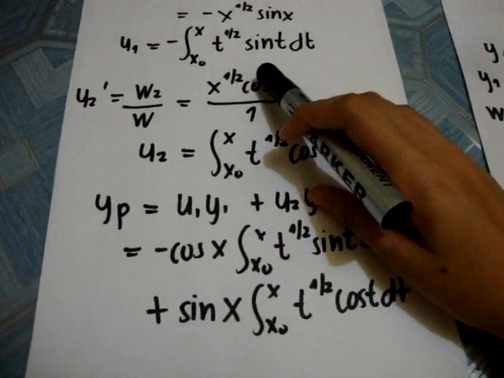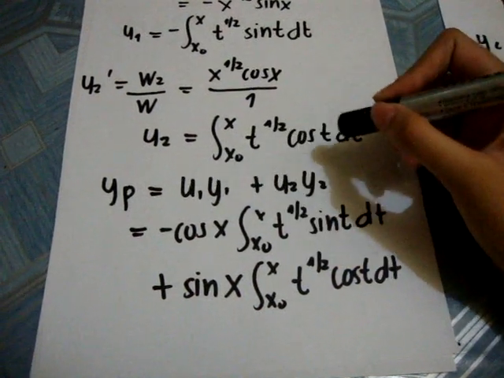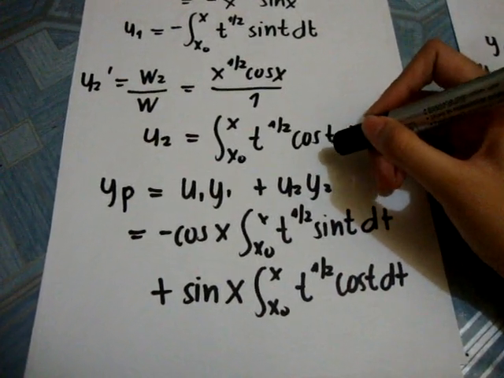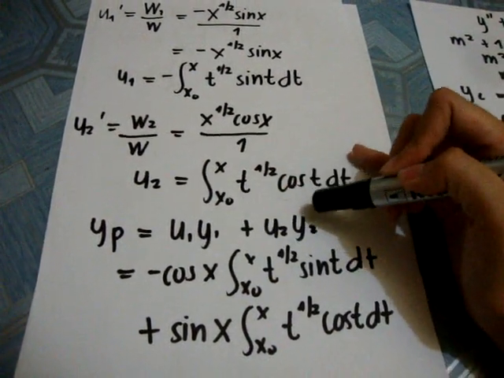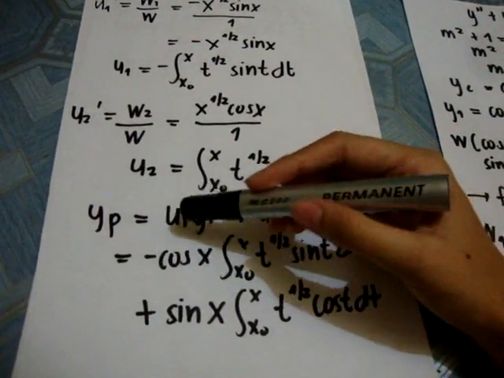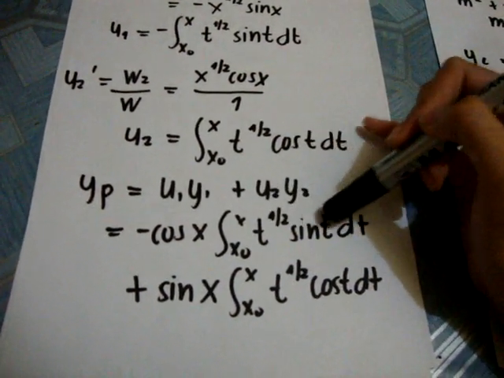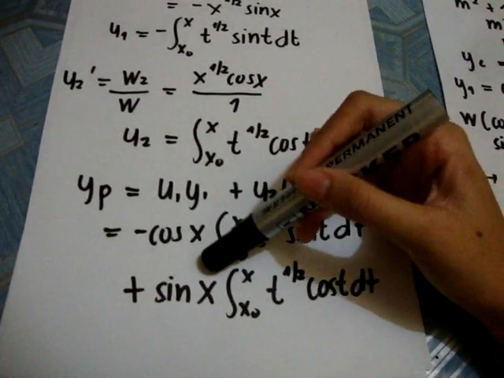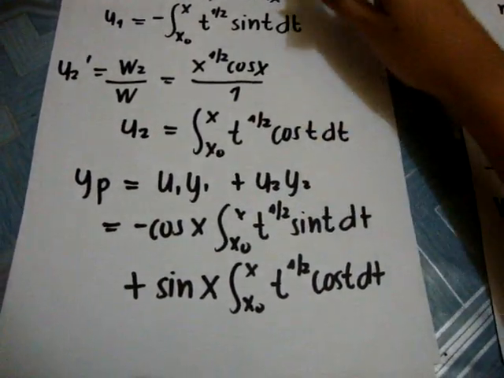Now we have the particular solution. Since the foregoing integrals are non-elementary, we are forced to write that yp is equal to u1 y1 plus u2 y2, which is equal to negative cosine x times the integral of t raised to 1 half sine t dt plus sine x times the integral of t raised to 1 half cosine t dt.